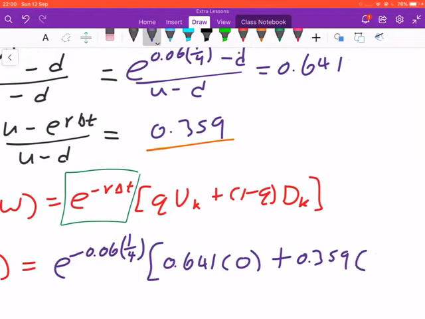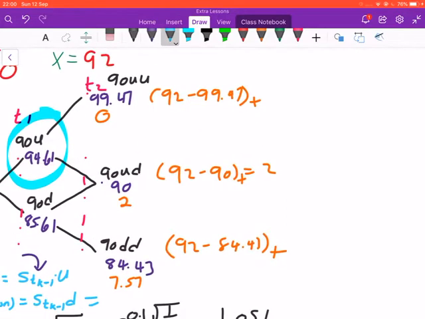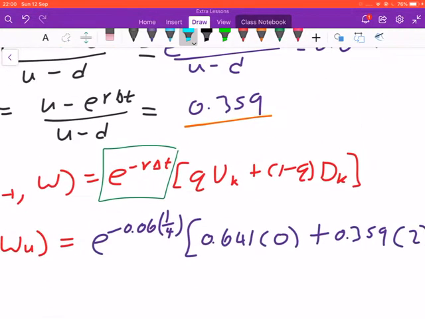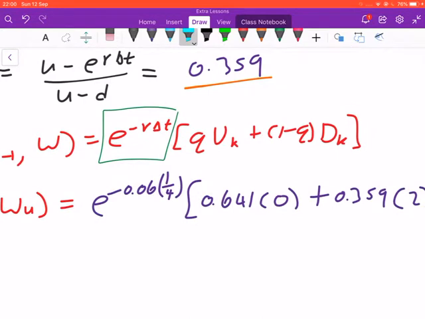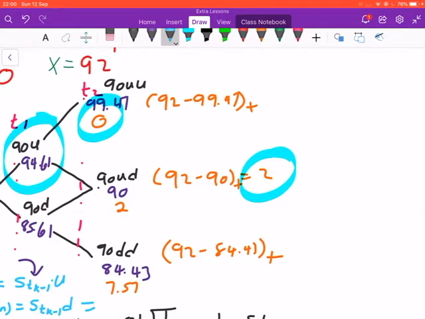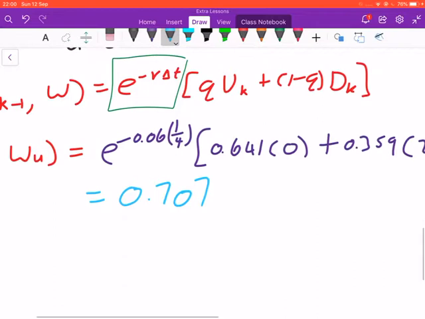The value of downstate is going to be 2, right? I will show you now. So you have this value over here for up, the value for down is going to be 2, and then you discount them using the artificial probabilities, and your answer for this one is going to be 0.707. So the value of the option at this period is going to be 0.707. You do the same thing for the next period.